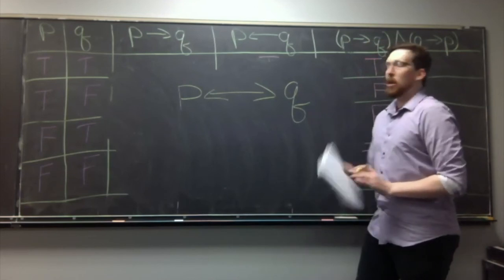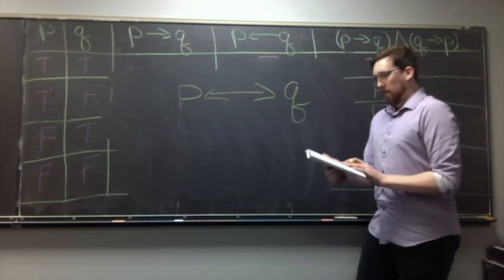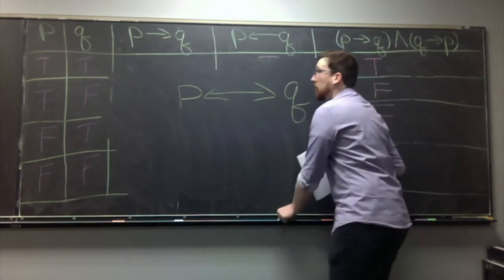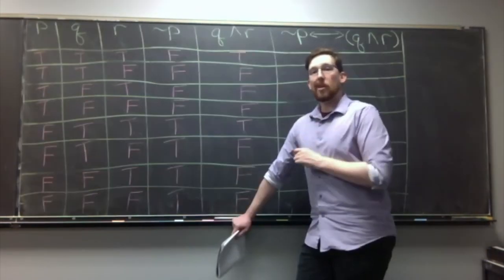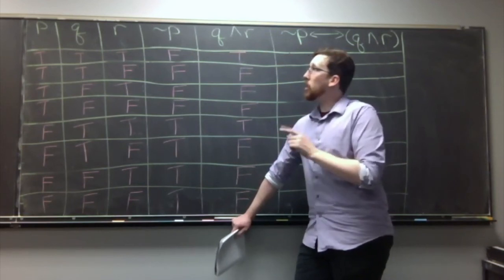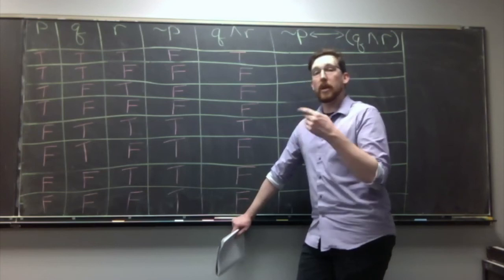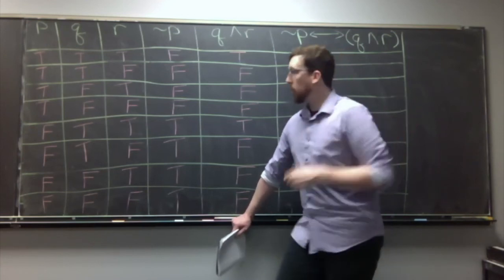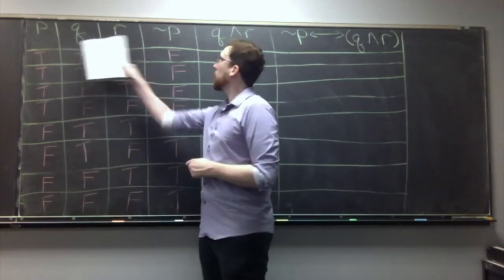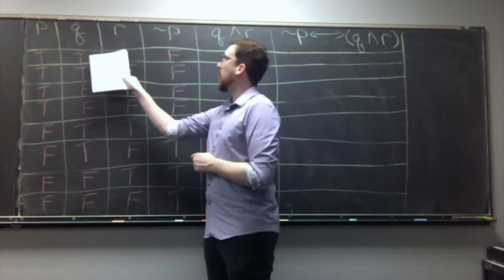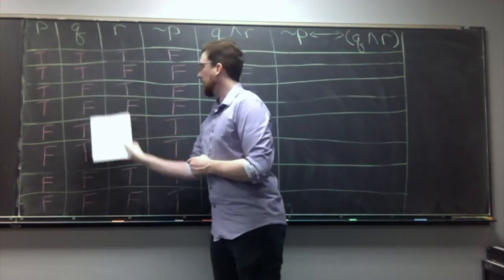Having said that, got one last example for us. Now, for this last example, we've got three different statements, P, Q, and R. 2 to the third power is 8. So because we have three different statements, we're going to have 8 different cases to consider.